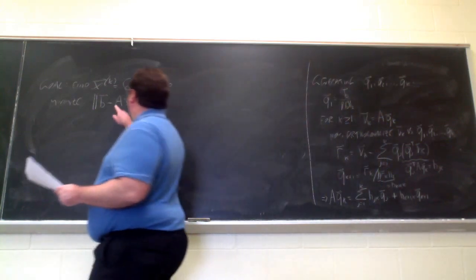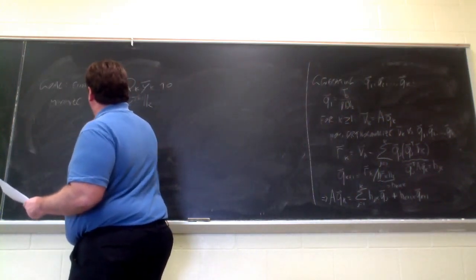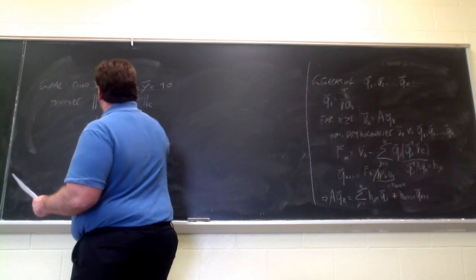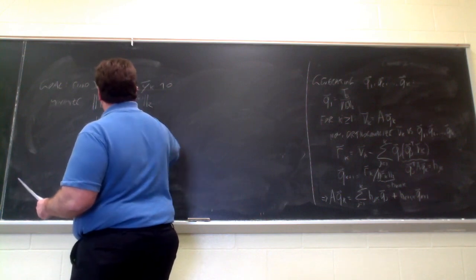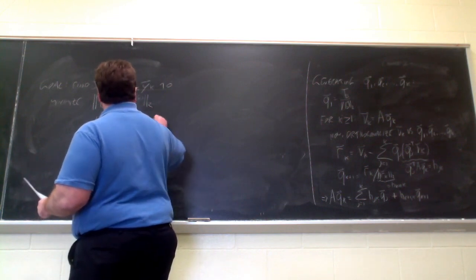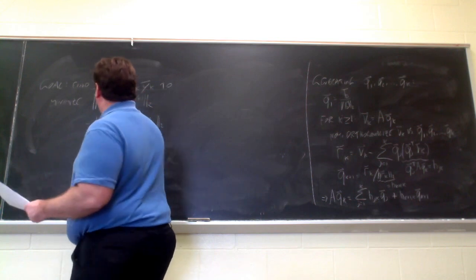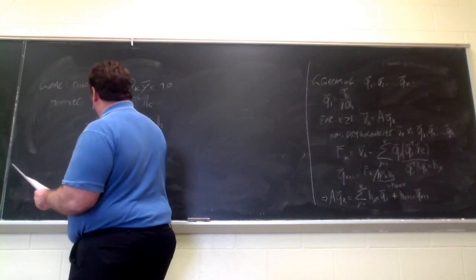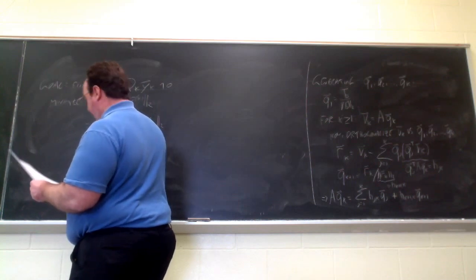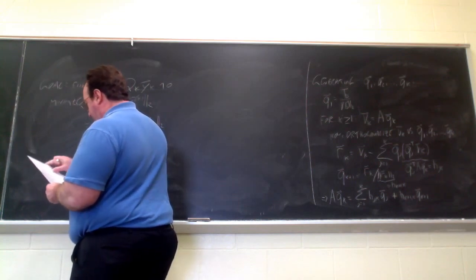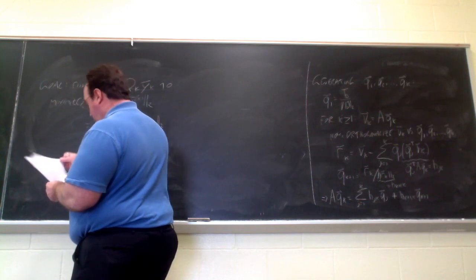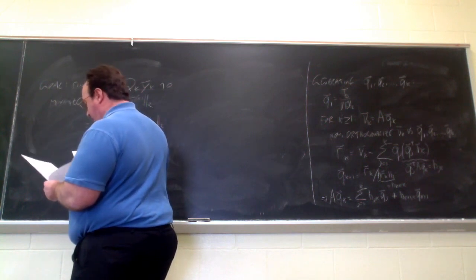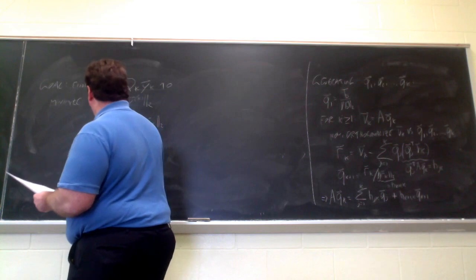So I'll substitute this form of the solution in here. And then I take into account the fact that b is equal to q_1 just normalized.